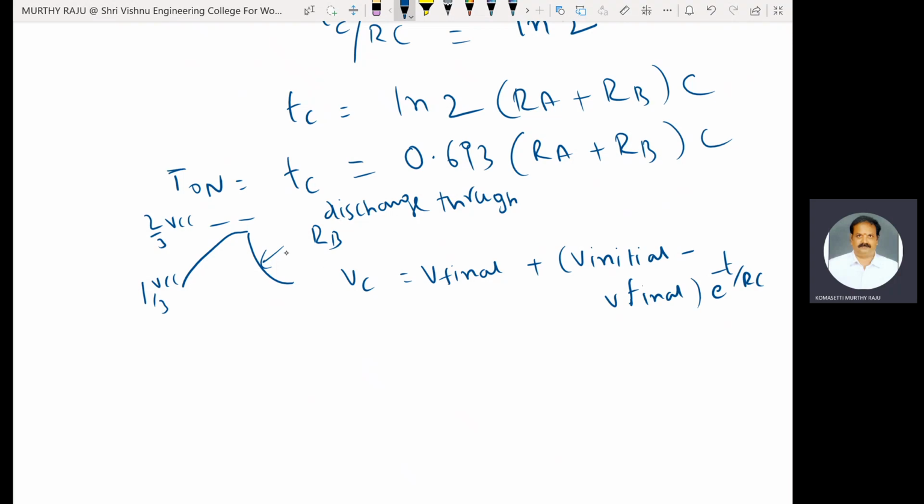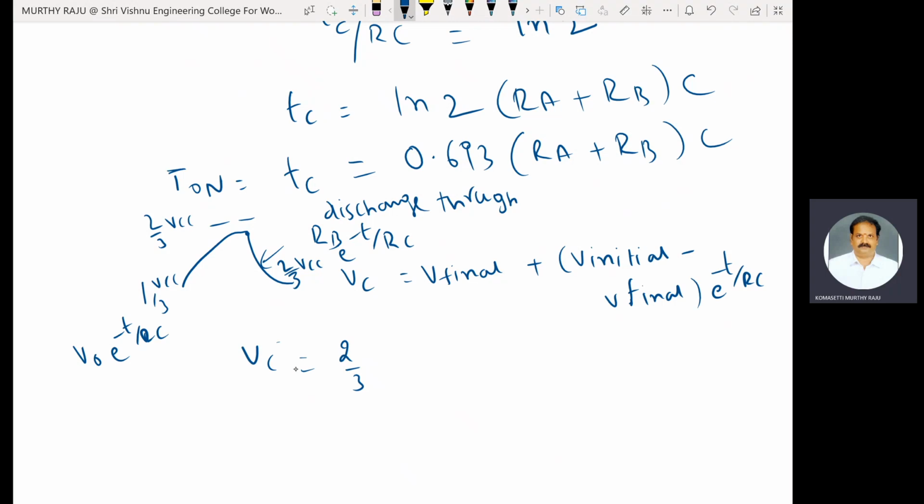Here there is no need to use this. Generally, whenever the capacitor discharges, the expression is V naught into e power minus t by RC.